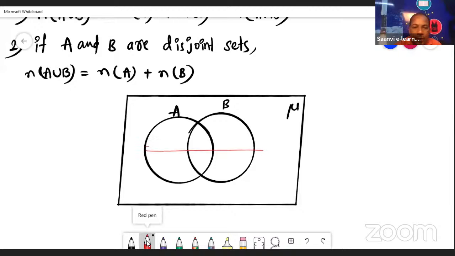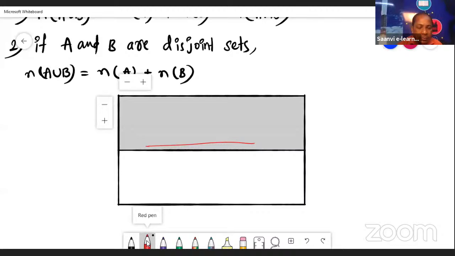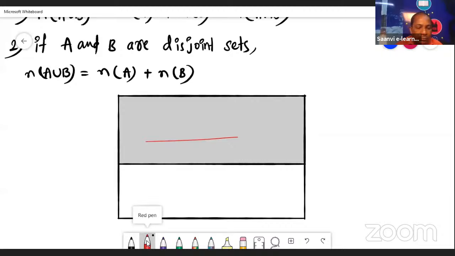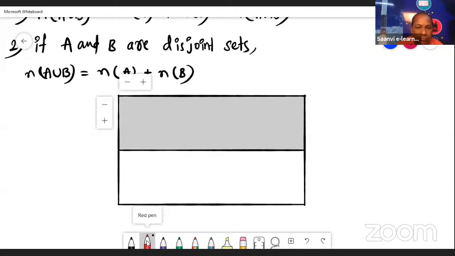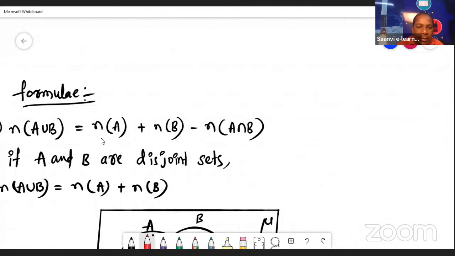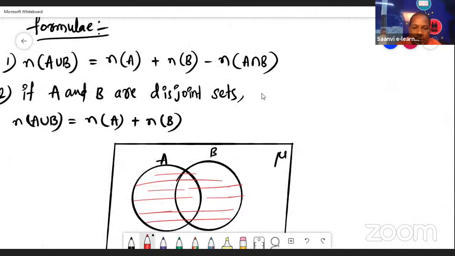This total of A and B represents A union B. So here we are taking total set A and also total set B. So what we have written in the n of A union B formula is n of A plus n of B minus n of A intersection B. Set A total we are taking, up to here set A, and set B totally we are taking.